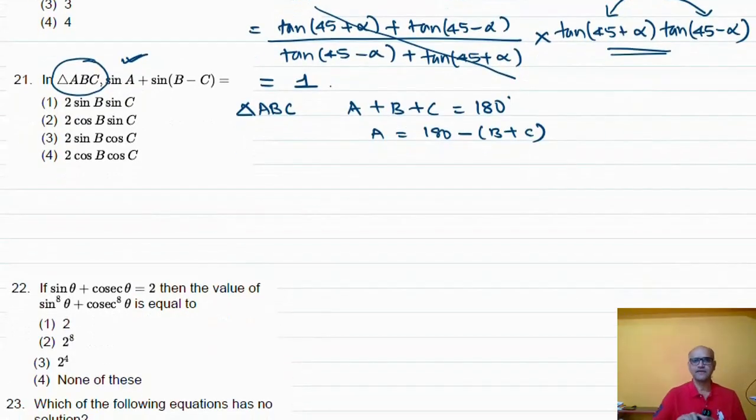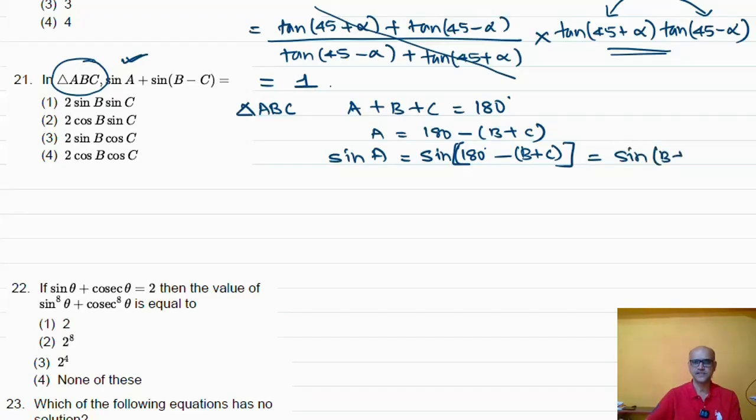So sin A will be equal to sin(180 minus (B plus C)). Sin(180 minus theta) is sin theta, so this will be sin(B plus C). So directly you have the formula, which is important: sin(B plus C) plus sin(B minus C).